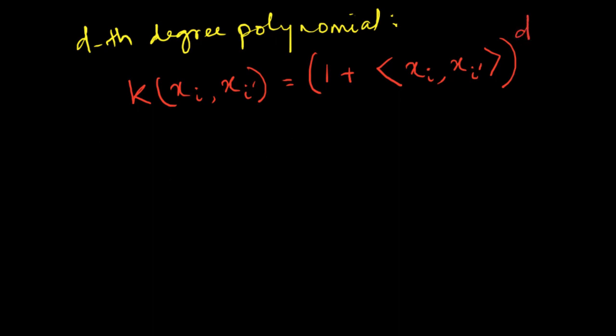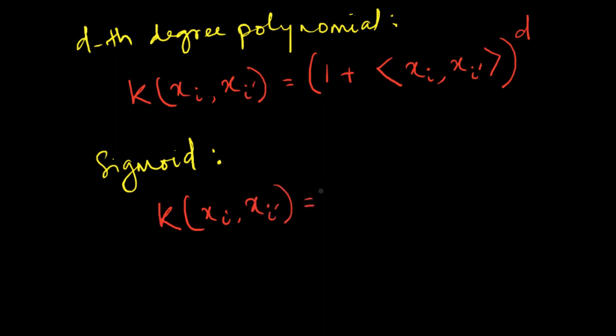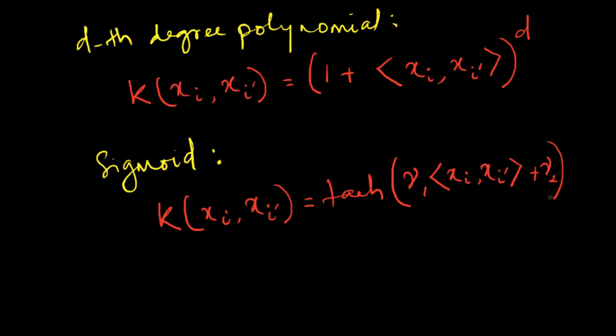You could also have what is called the sigmoid kernel, which is given by k of x i comma x i prime is equal to tan hyperbolic of some parameter gamma 1 into the inner product of x i comma x i prime plus some other variable gamma 2.